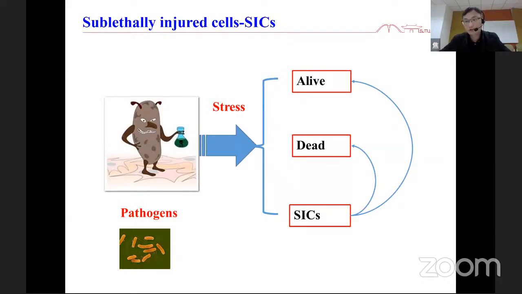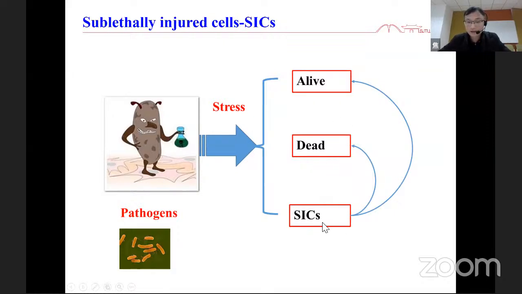The first one is that the stress doesn't have any influence on the microorganism, so they are still alive. Another one is that it has a significant effect on the pathogens, so they will be dead. That's what we really want. We try to use this stress to kill the bacteria.